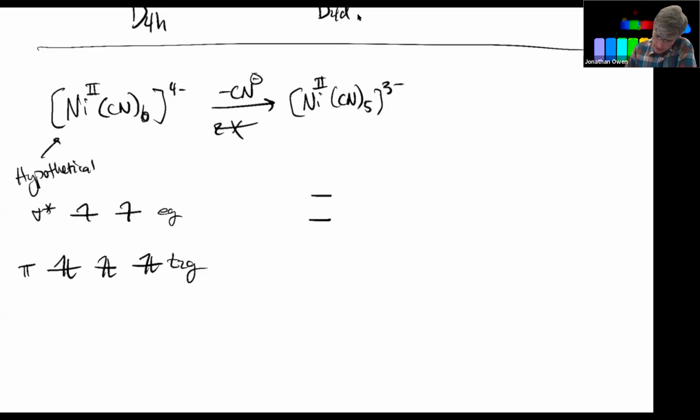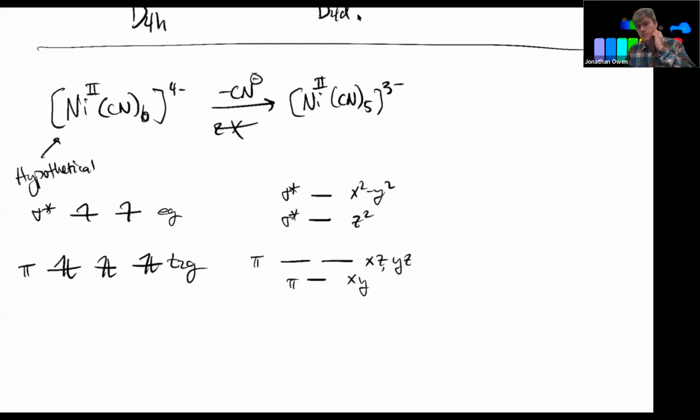And that puts us in the situation we were just looking at. We lose a ligand along Z. Z squared drops. XZ and YZ go up.